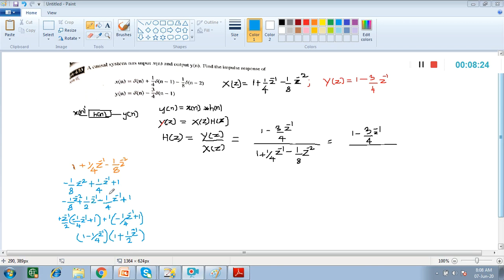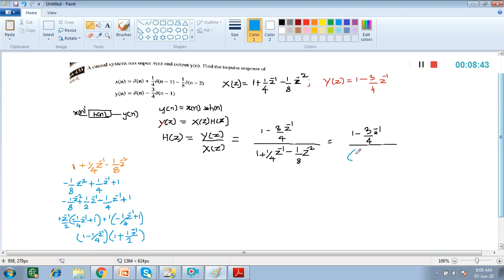So the answer would be 1 by 2 and minus 1 by 4. When multiplied they give minus 1 by 8, and when added it will be plus 1 by 4. So after factorization we get these values.